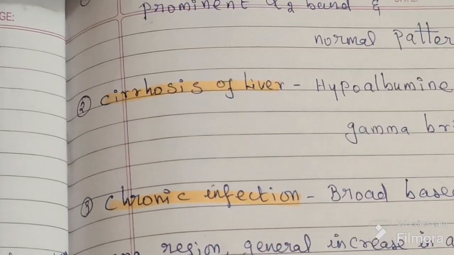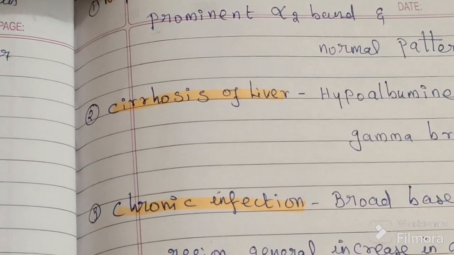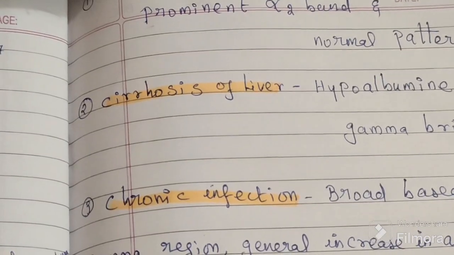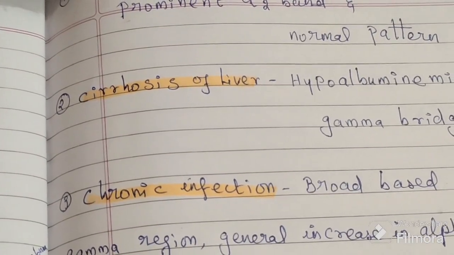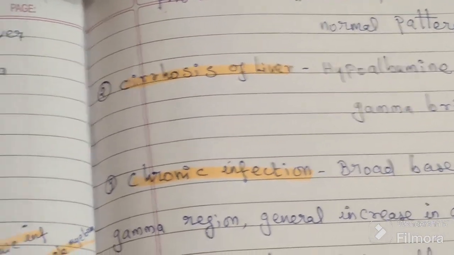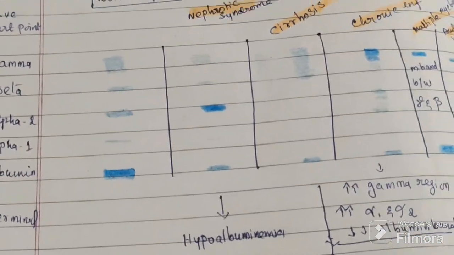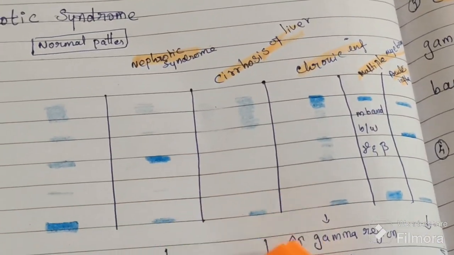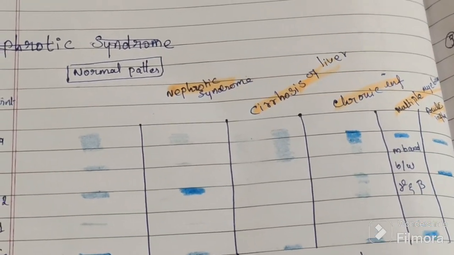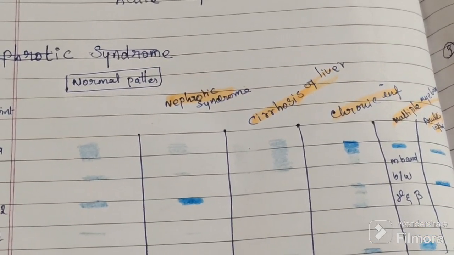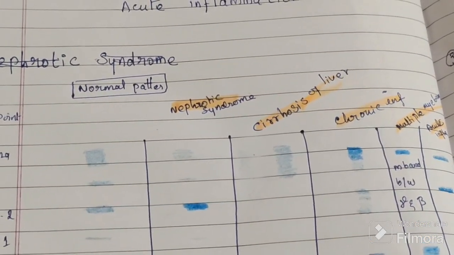Now another condition will be discussed here, cirrhosis of liver. Here is the serum electrophoresis pattern and a normal pattern. This one is the normal pattern, this one is cirrhosis of liver. The liver has a particular function, albumin production.